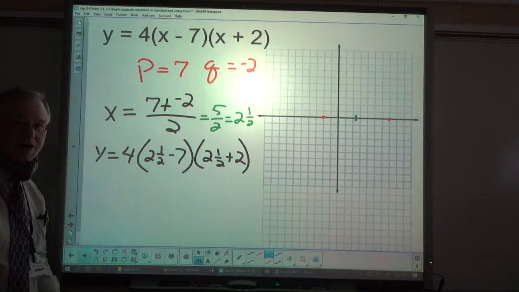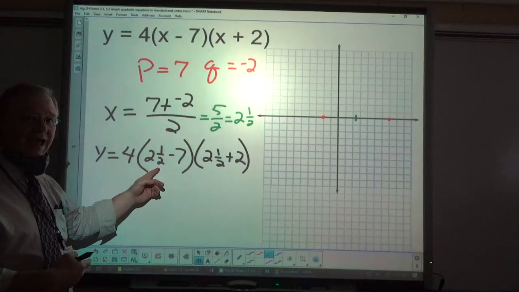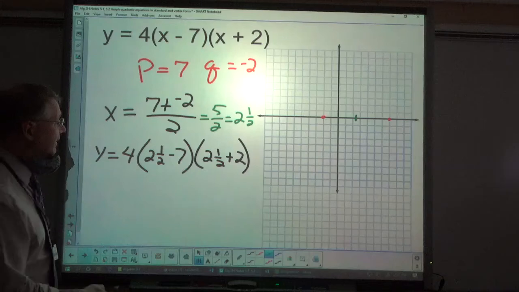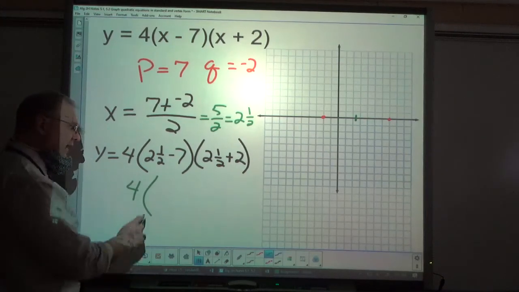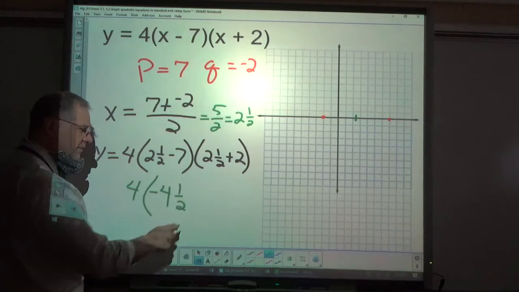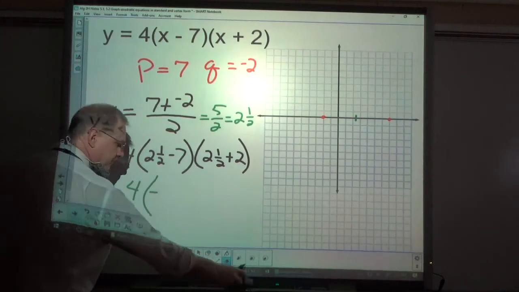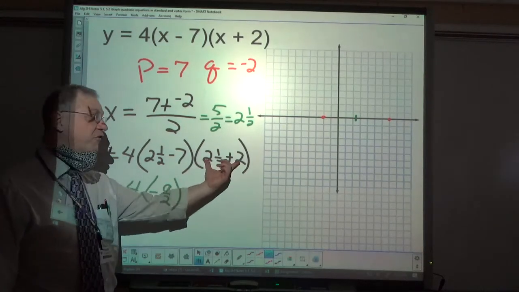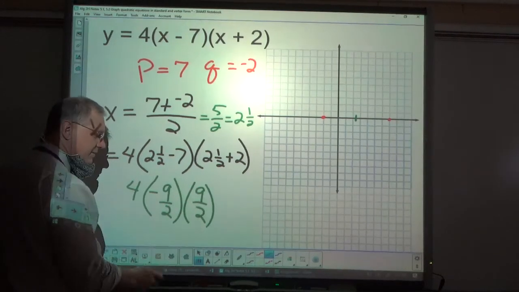Well, if I said 2 minus 7, that would be -5. So if I take another half away from that, that's -4.5. Let's see. -4.5. Isn't that -9/2? Let's rewrite that. And 4.5, that's going to be +9/2.